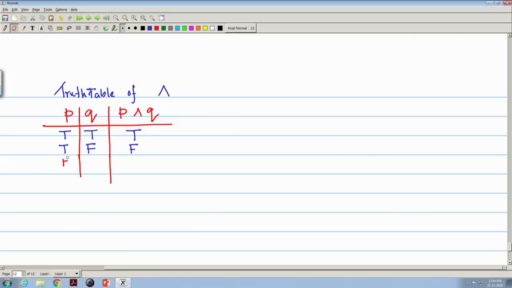If false and true, then it is false. If both are false, then it is false.